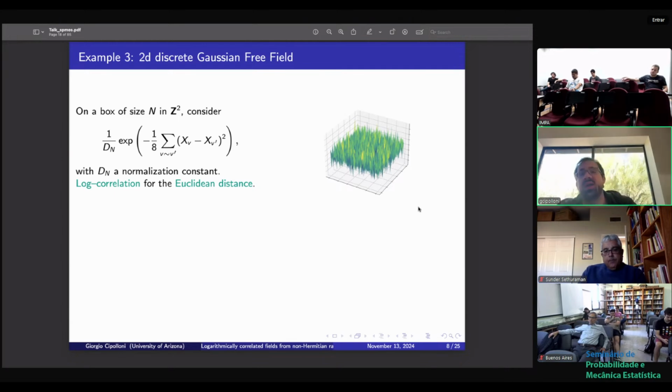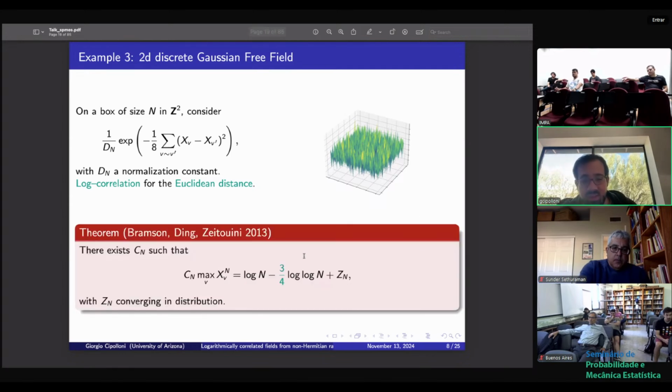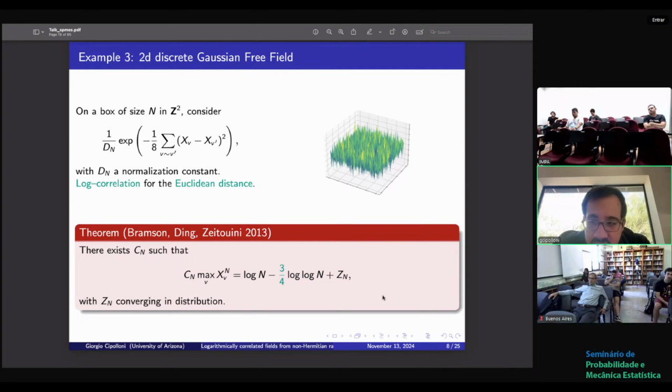So again, now we can ask, if we look at the high points, do we expect a similar behavior? For instance, do we get again this 3/4, and what can we say more? In this very nice result by Bramson, Ding, and Zeitouni, they show that if we properly normalize the maximum of the Gaussian free field, then we get the following asymptotic expansion.